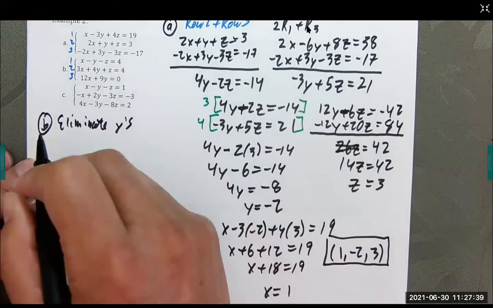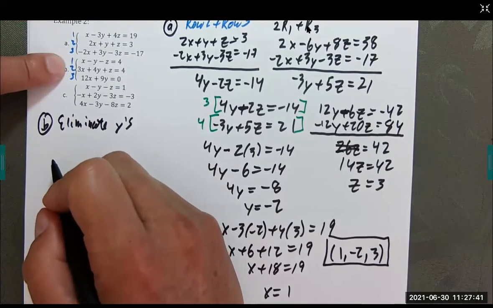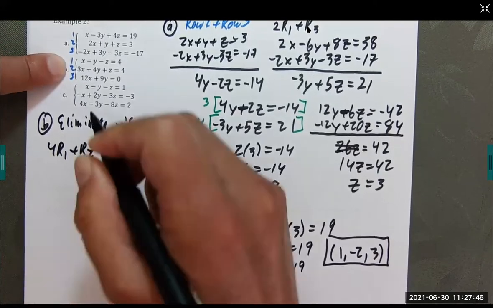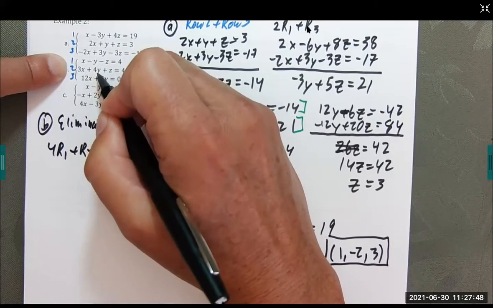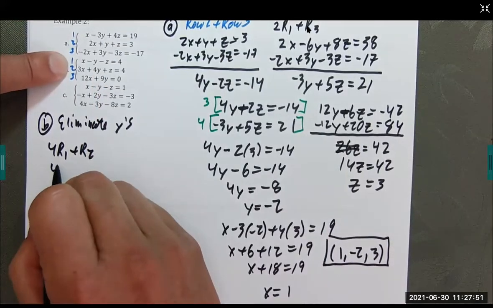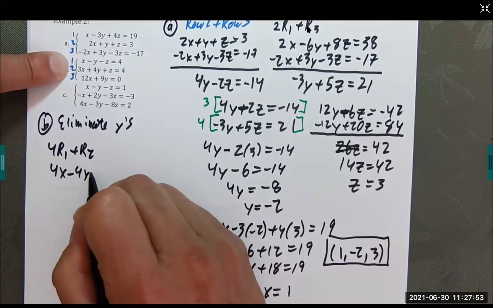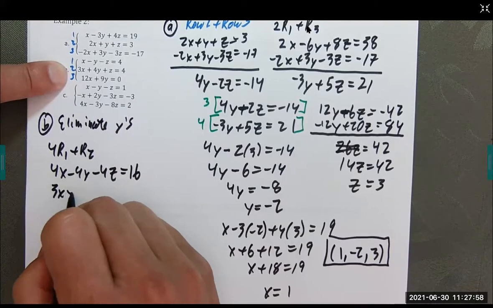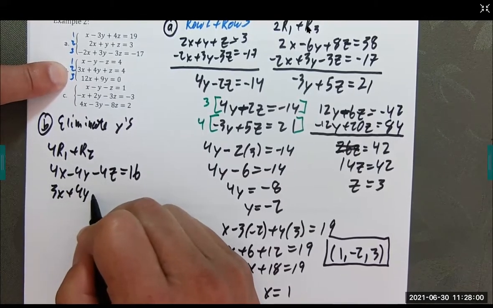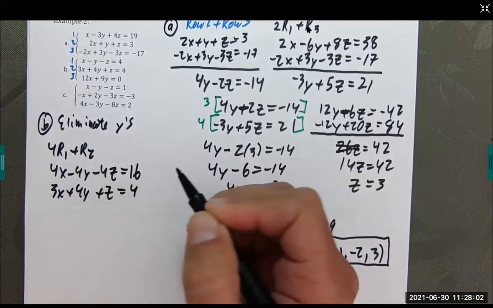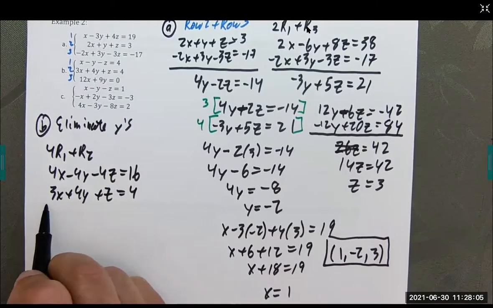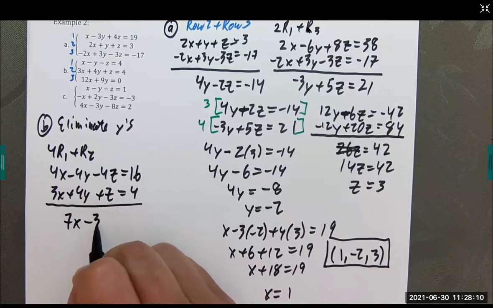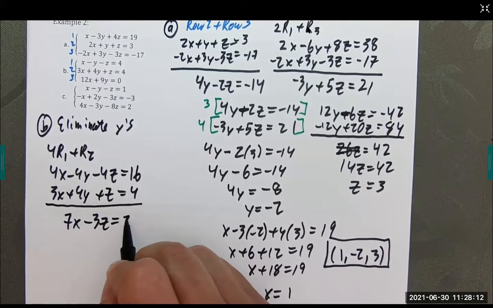So I'm going to go here. Let's do 4 times row 1 plus row 2. And what that'll do, that'll make that a negative 4 and a positive 4. So 4 times row 1 is going to be 4x minus 4y minus 4z equals 16. And then 3x plus 4y plus z equals 4. Let's see what happens here. So we get 7x minus 3z equals 20.